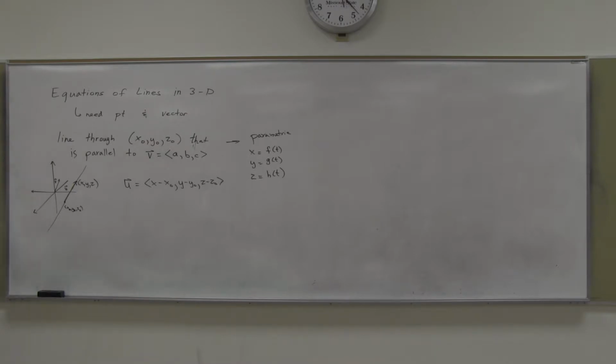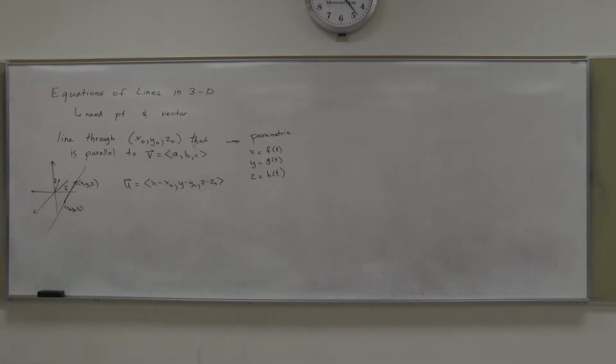All right. But we also know that u and v have to be parallel, don't they? They're not necessarily equal, but u has to be parallel to v, which in terms of equation means that, since u and v are parallel, one's a multiple of the other, or vice versa, right?